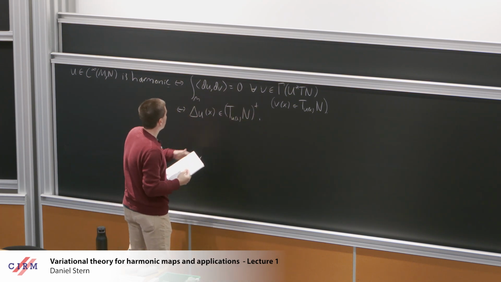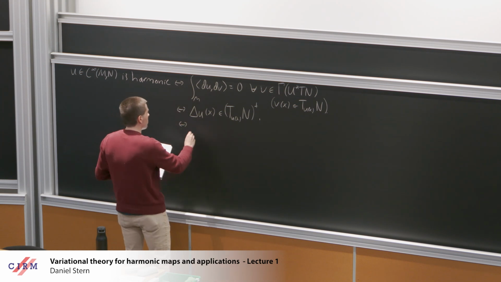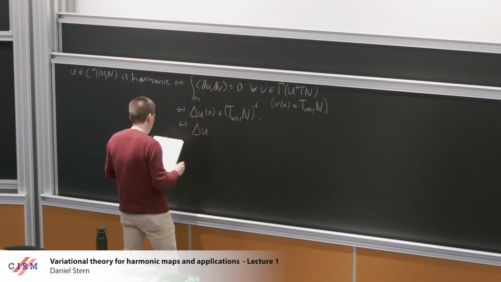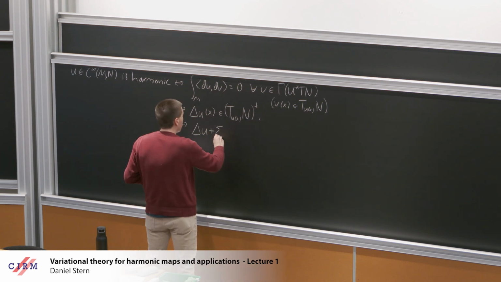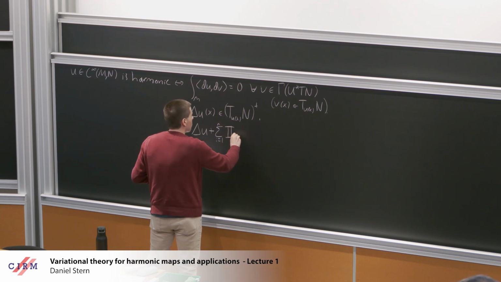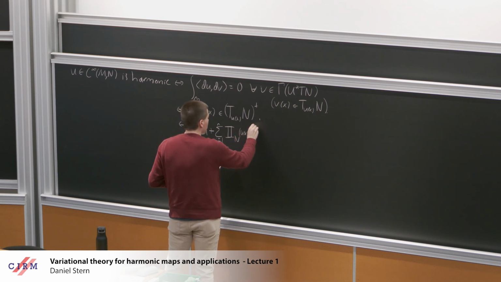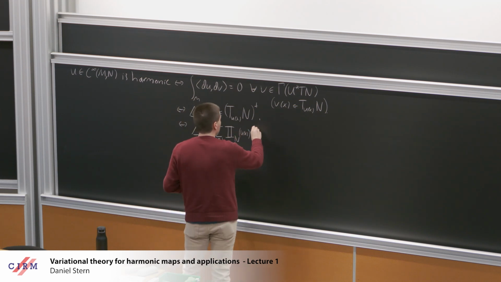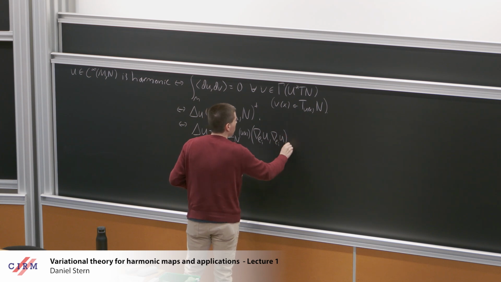And in fact, once you know that it's perpendicular, you can check that the only option is that the Laplacian of u, and here I'll have to explain my sign convention, you can write as a function of the second fundamental form of N at the point u of x, eating this trace over derivatives of u, where e_i is some local orthonormal basis for the tangent space.